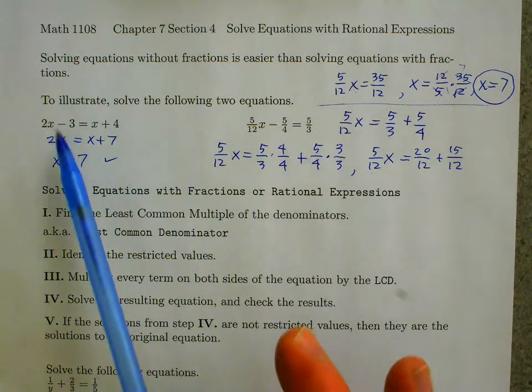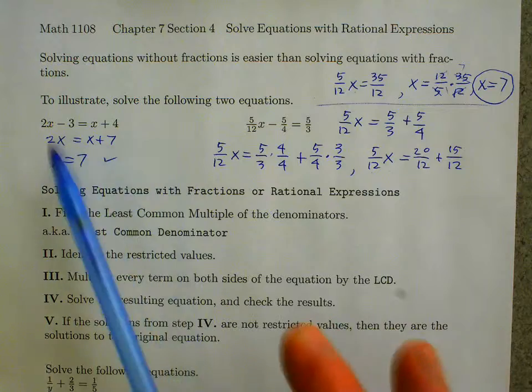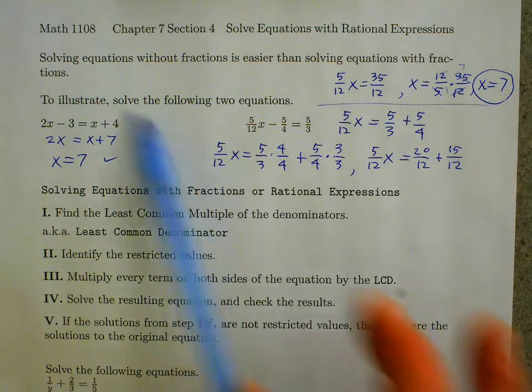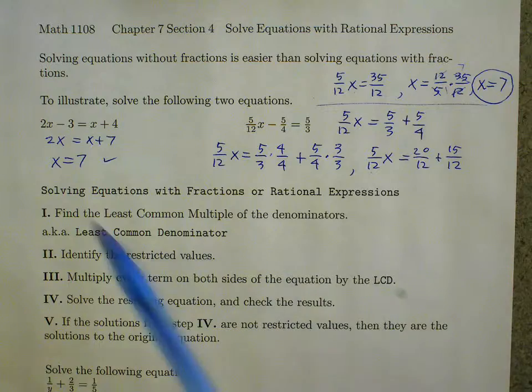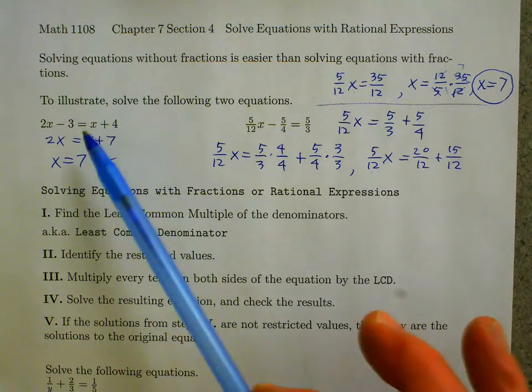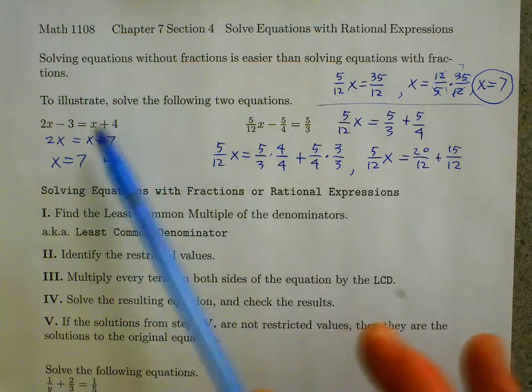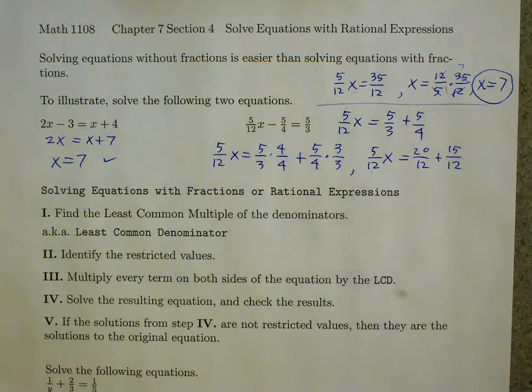So this equation on the left, when I made up this example, I started out with this equation with no fractions. And then all I did was multiply this equation on both sides by fractions until I got this.